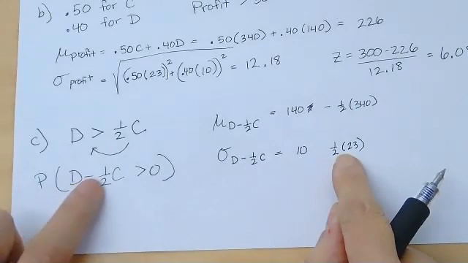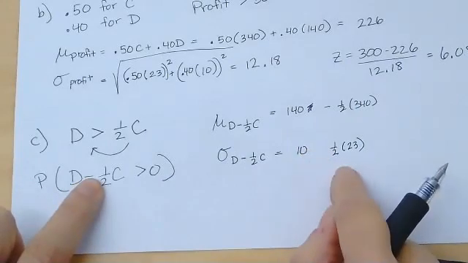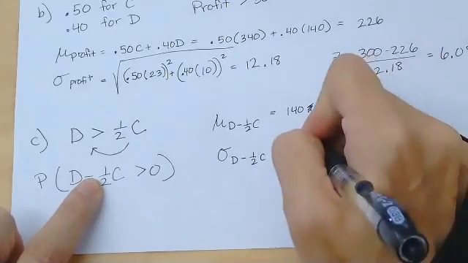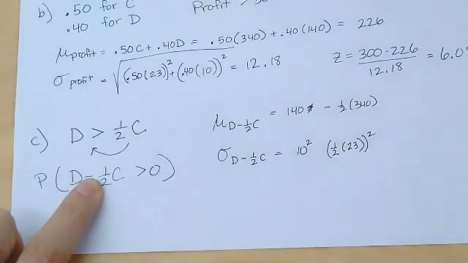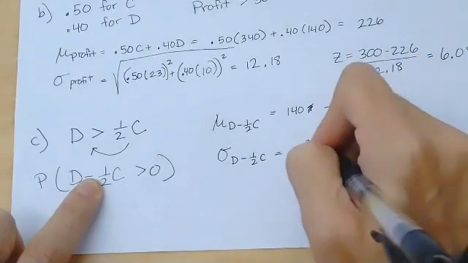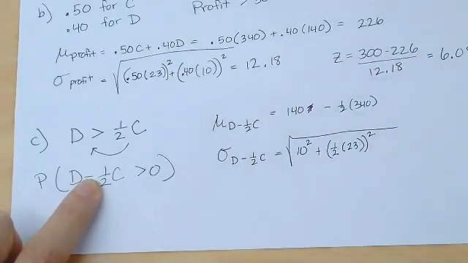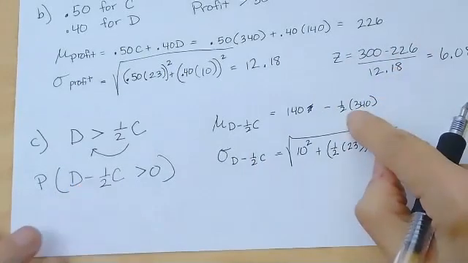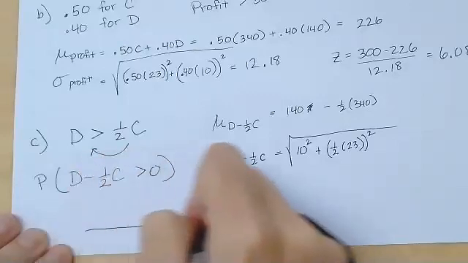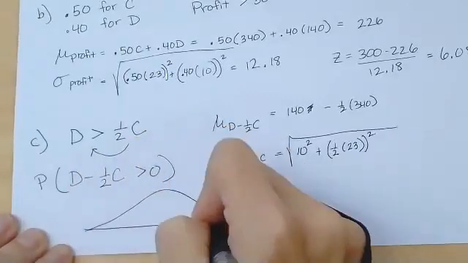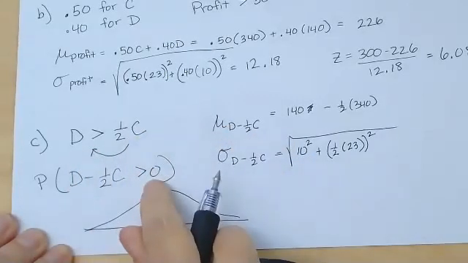We want to combine them by subtracting, but we never subtract standard deviations. We never add standard deviations. All we ever do with standard deviations is square them, add them, and square root them. So this will be your new mean, this will be your new standard deviation, and then on your normal model, you can figure out the probability of being greater than 0.